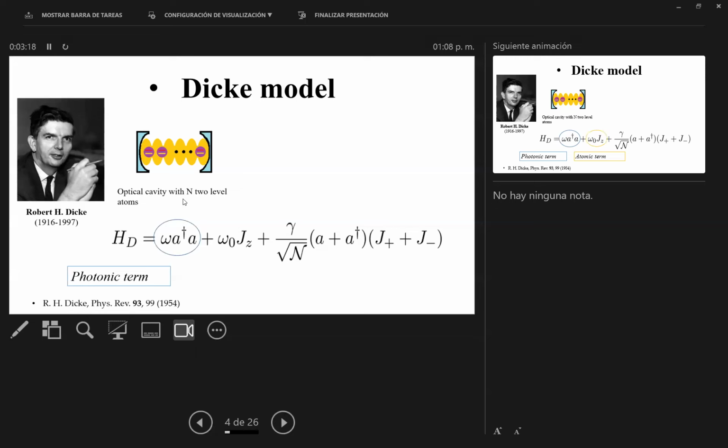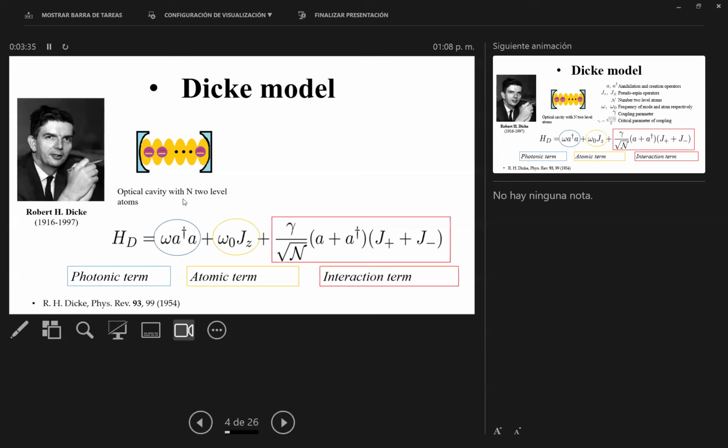In this Hamiltonian, the first term is the photonic part that corresponds to the photons, basically. The second part is the atomic part that involves all the N two-level atoms, and the interaction in the system between the photons and the atoms, yeah?